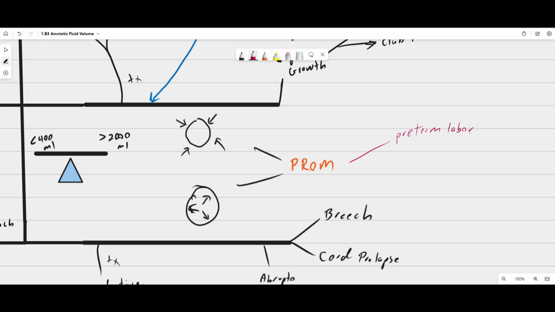Preterm labor. And if that amniotic sac ruptures, we'll have bands of that amnion floating around, and we can get what's called the amniotic band syndrome. So with those bands that we have floating around, they can get entangled in the baby, around fingers, arms.